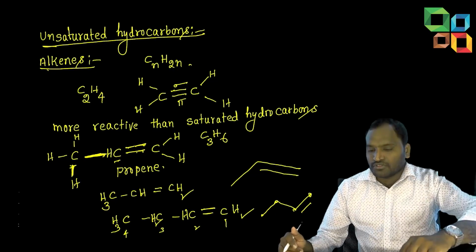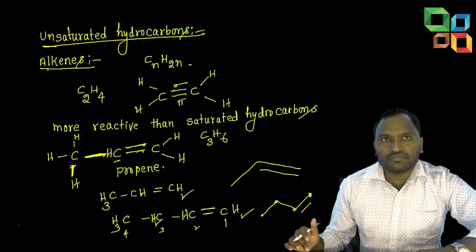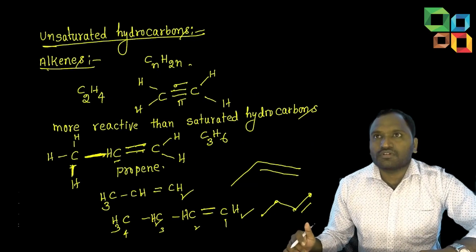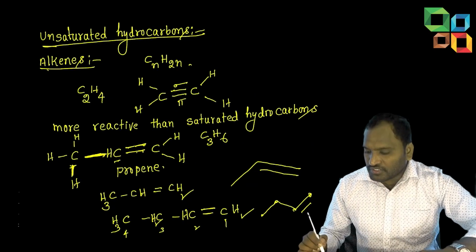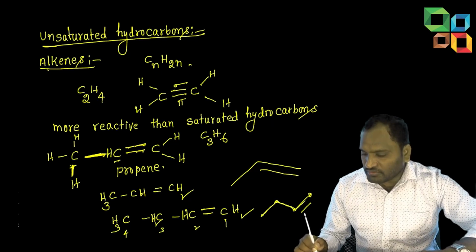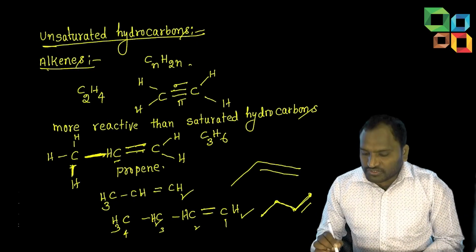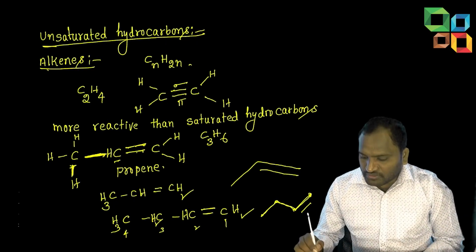We finished. Shall I go to alkynes? Sir, could you explain that line representation once? Yes, sir. First we have to write a 4-membered alkane. Suppose here I gave the numbering like this: 1, 2, 3, 4.